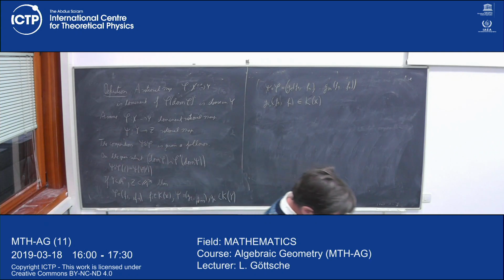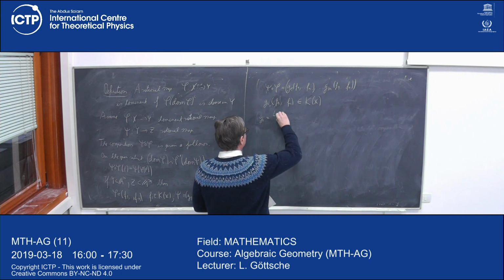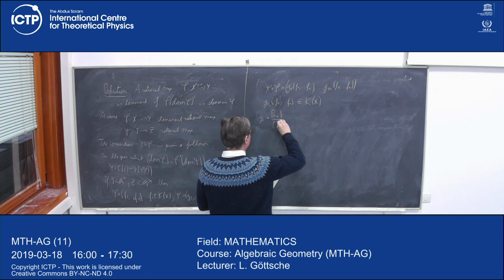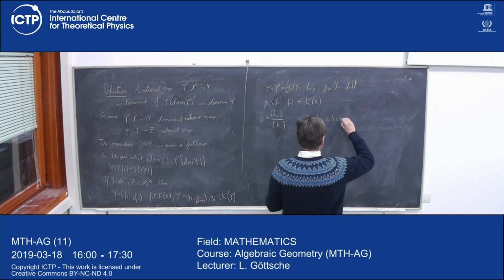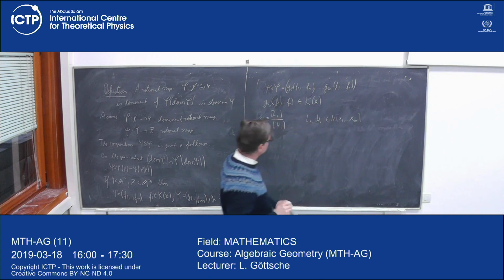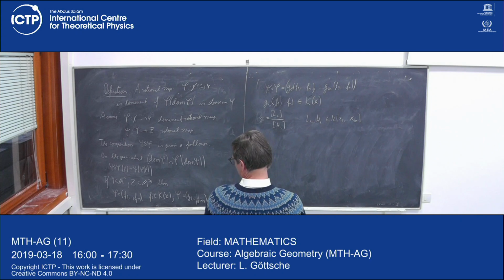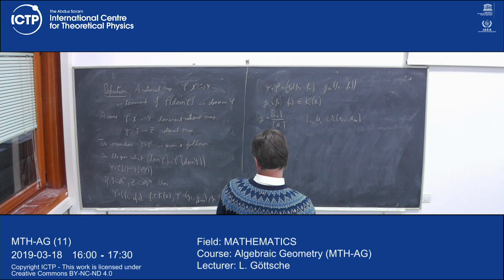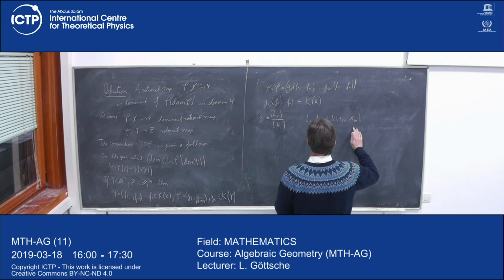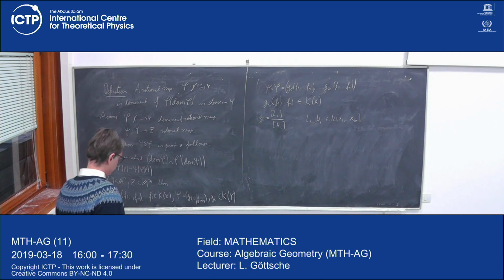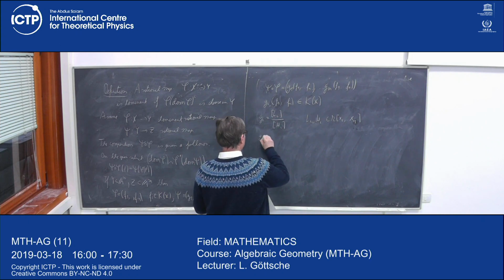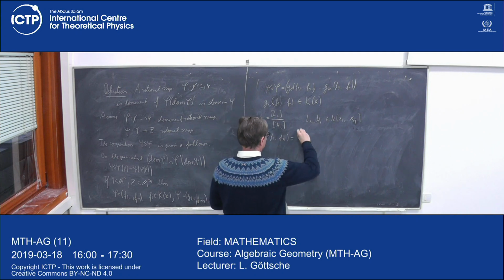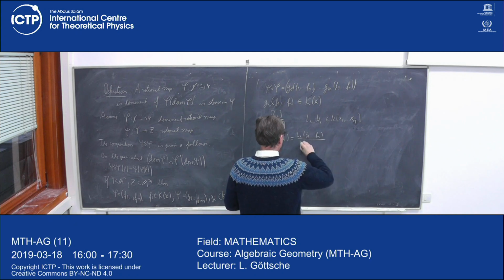So I just wanted to say, if you write, for instance, Gi equal to the class of Li divided by the class of Hi, where these Li and Hi are monomials in x1 to xm, where this class means the class in the coordinate ring, then clearly we have Gi of f1 to fn is just Li of f1 to fn divided by Hi of f1 to fn.